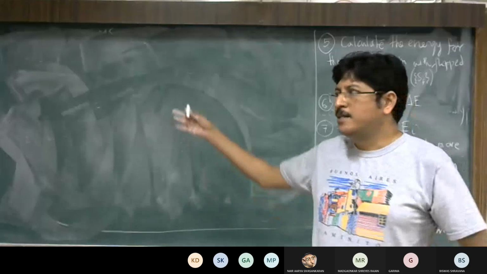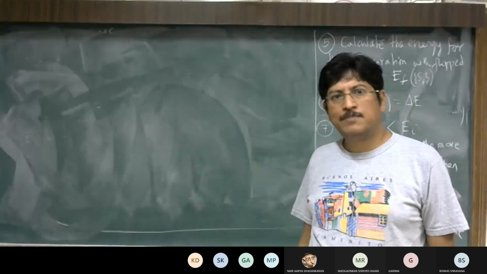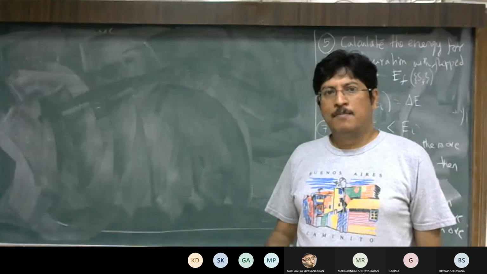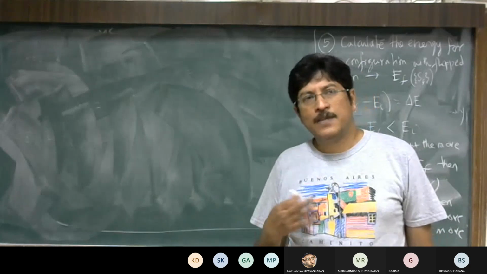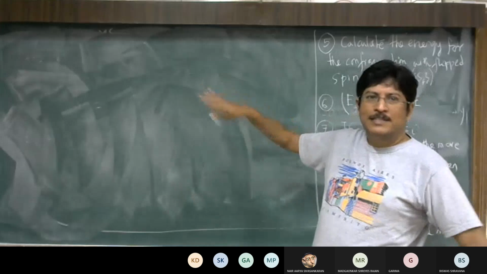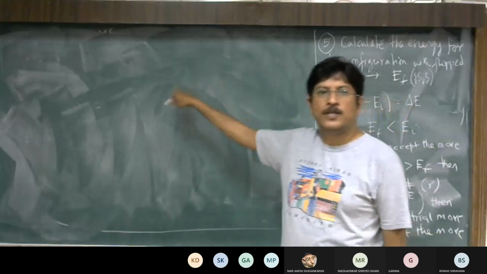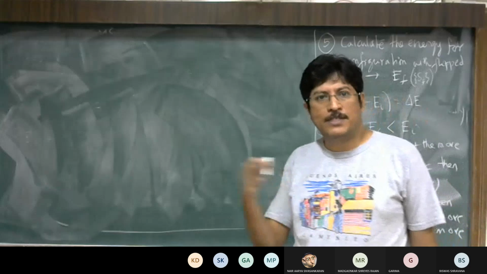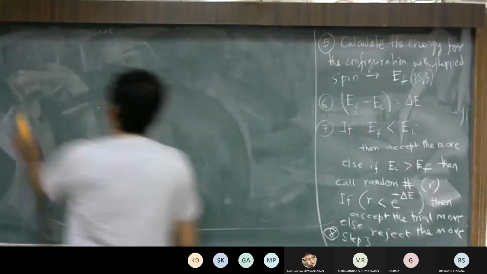I told you that typically 100 Monte Carlo time steps is good enough for the system to settle to equilibrium. But actually, there is a more rigorous way of doing it. I told you this from prior knowledge, but one can ask why 100 Monte Carlo time steps, why not 50, etc. So, what is the way?